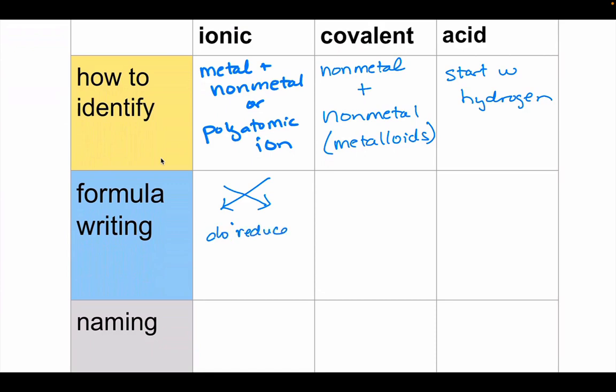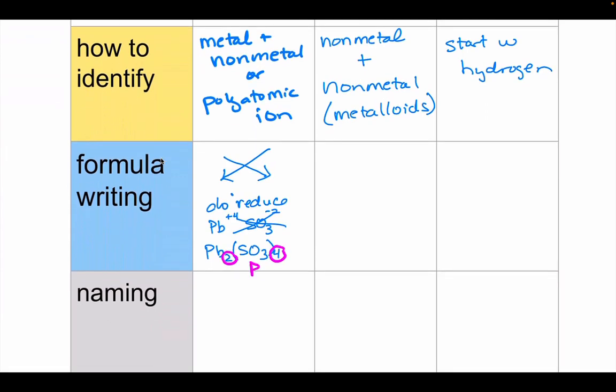So for example, if you have lead with sulfite, and you crisscross, you're going to get Pb2(SO3)4. And when you reduce, you never touch the subscripts of the polyatomic ion, but these two are both divisible by 2. So you would end up with Pb(SO3)2.